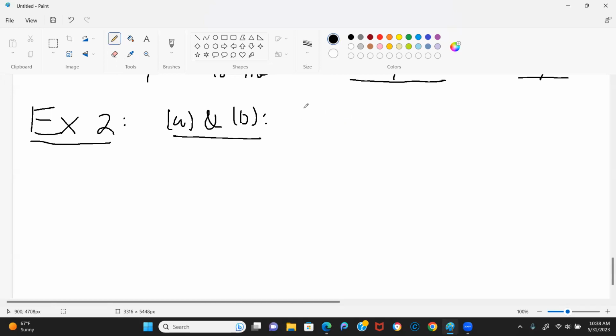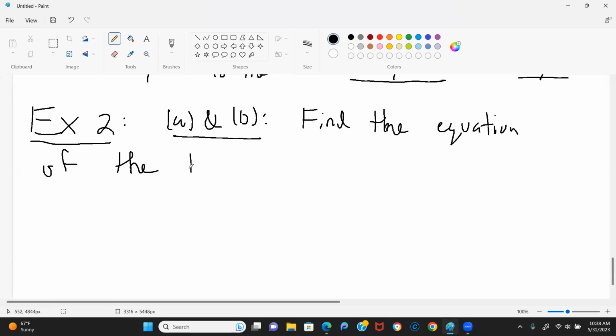So we want to find the equation of the tangent line to the curve. This is called the folium of Descartes, whatever that really means. x cubed plus y cubed is equal to 6xy. Descartes was a very important mathematician and philosopher.